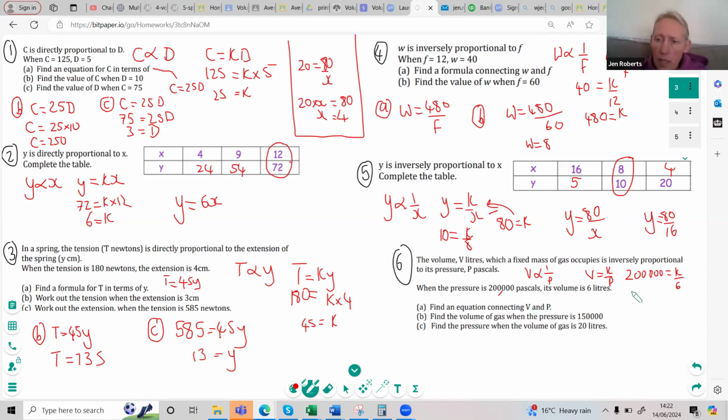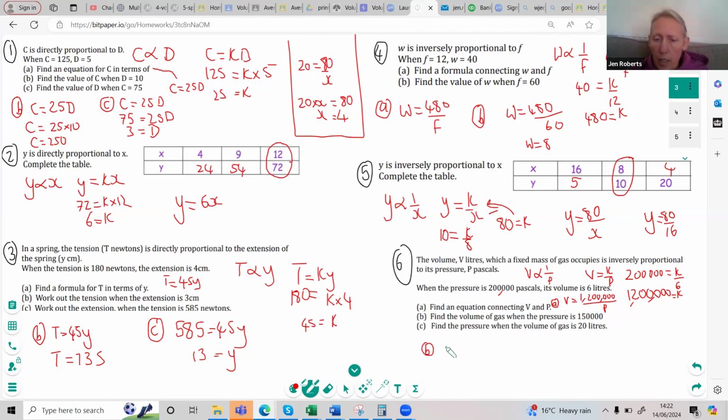Times both sides by 6. 120, so 1,200,000 is our K. So our equation, sorry, let me just write this in small here, is V equals 1,200,000 over P.